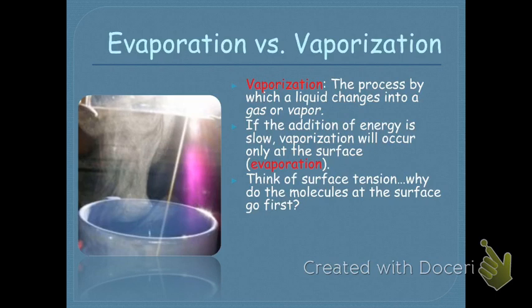If you think about it, if we have a molecule at the surface, so let's just call this the surface. If you have a molecule here of liquid, these guys are being held on, but there's the surface area. You imagine that these are liquid particles.